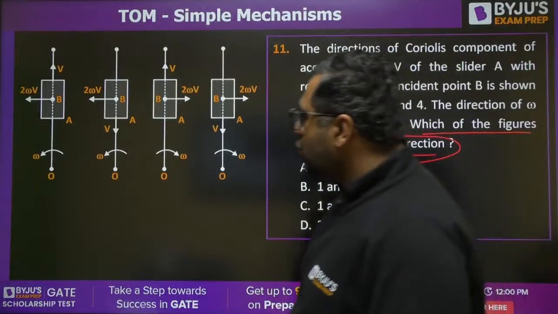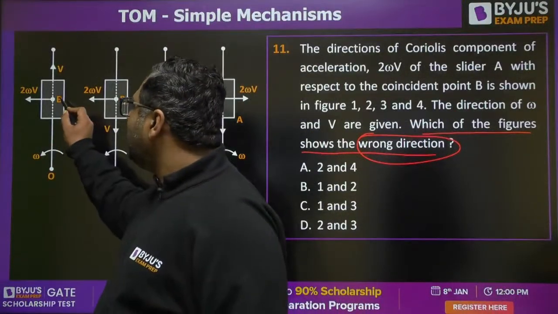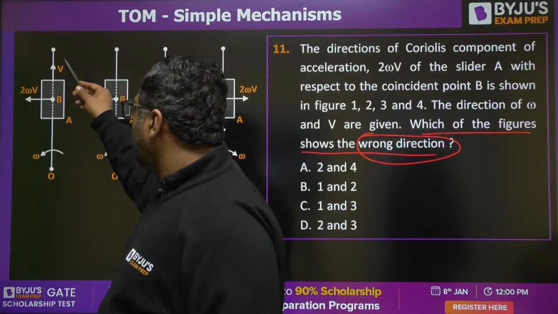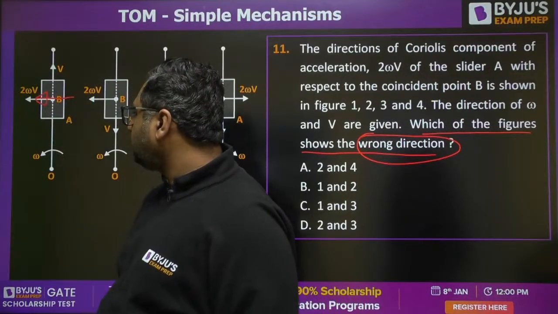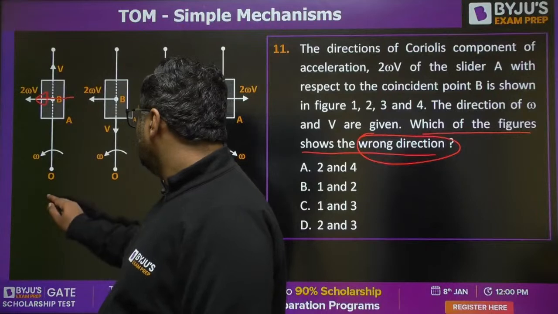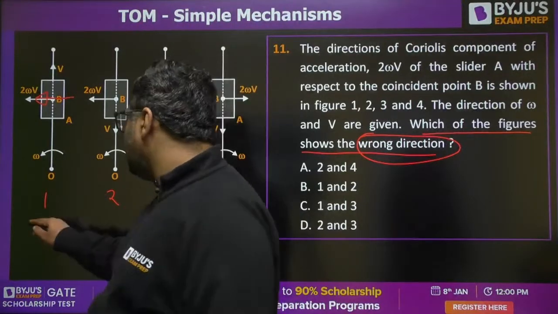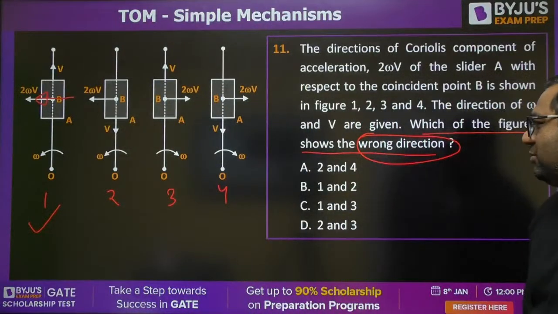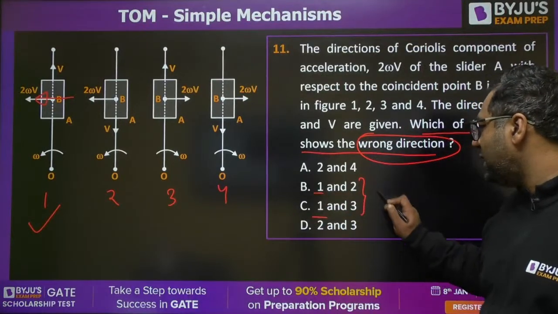Okay, so you know this omega is anti-clockwise. So this is the direction of velocity. If I rotate it anti-clockwise by 90 degrees, this is the direction. So this is 1, 2, 3, 4. So this is the correct direction. So if this is the correct direction, my dear, these two cannot be the answer.